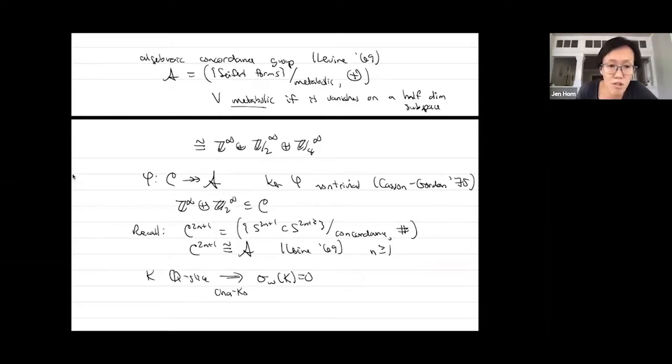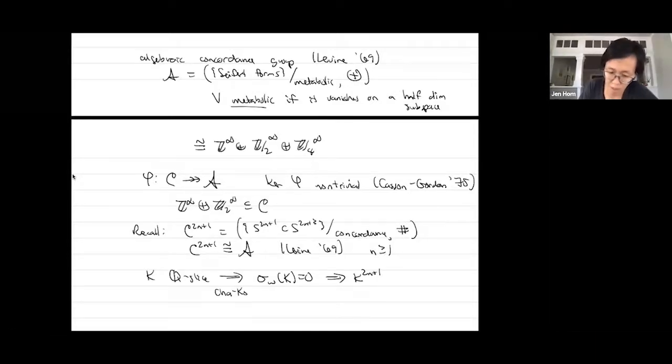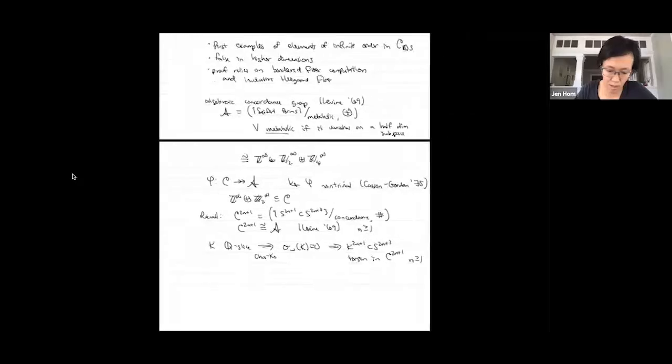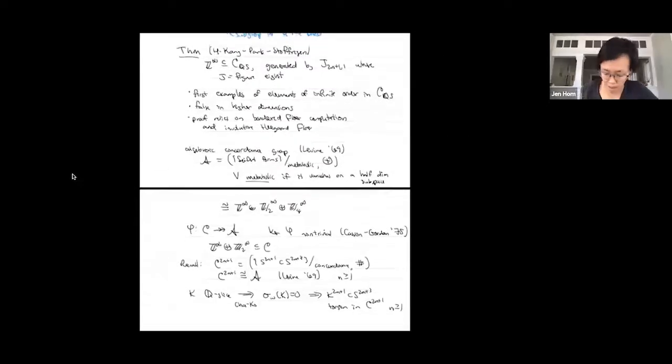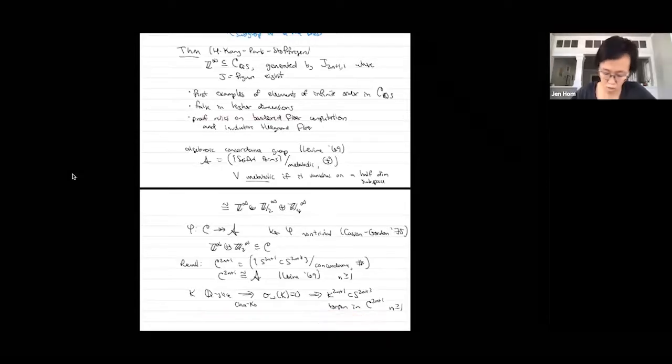And so in higher dimensions, this implies that K is torsion in the higher dimensional concordance group, because of this isomorphism. So this is what I meant when I said that the analogous statement about the main is false in higher dimensions, because in higher dimensions, if you're rationally sliced, then you're torsion in the concordance group.